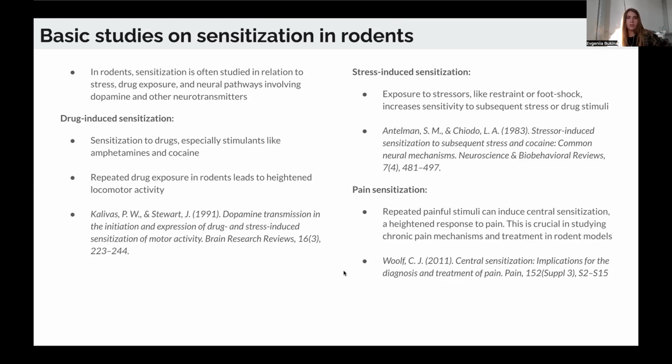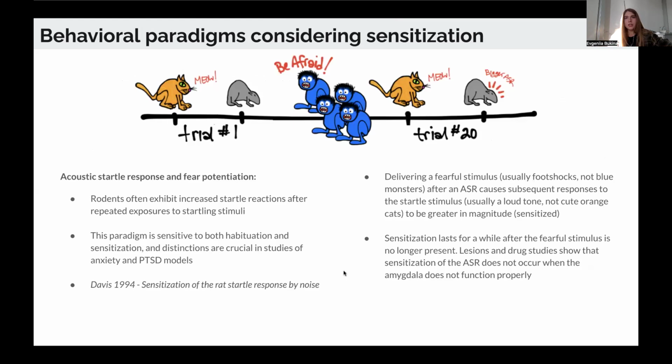It happens. And let's discuss some behavioral paradigms. Again, the acoustic startle response that we discussed before. And here is another nice picture that can present that. For example, you have a stimulus, like a really loud meowing, and you have a startle.